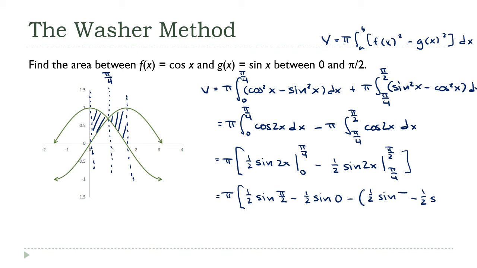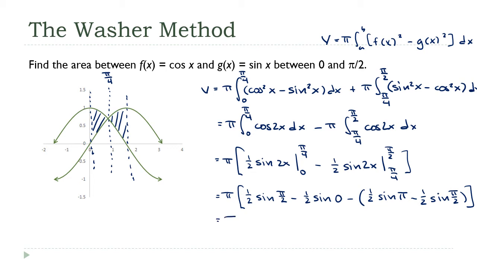Sine of pi, right? 2 times pi over 2, minus 1/2 sine 2 times pi over 4, which is pi over 2. Make sure I got all my parentheses right in there. I think I did. Good.